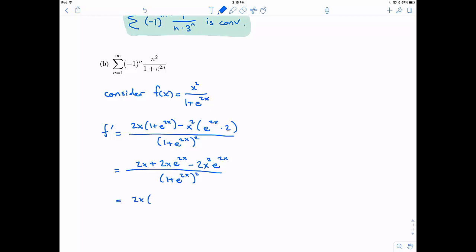Now at this point we can see there's a 2x in the numerator in each one of these terms, so let's factor out that 2x. And again, the denominator will stay the exact same.